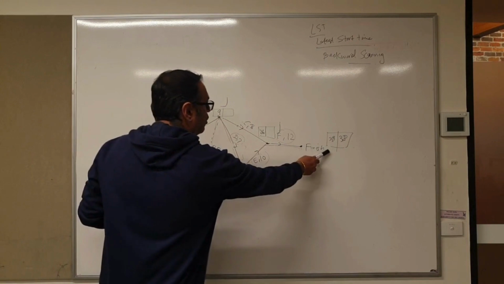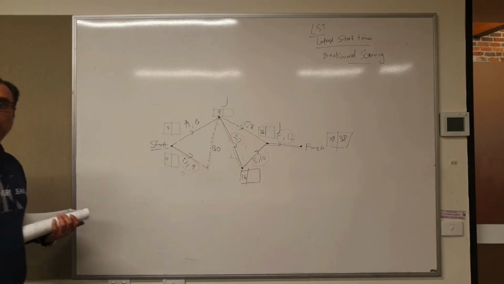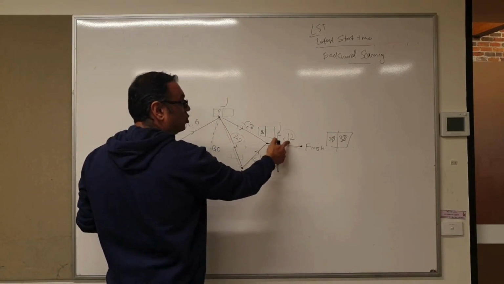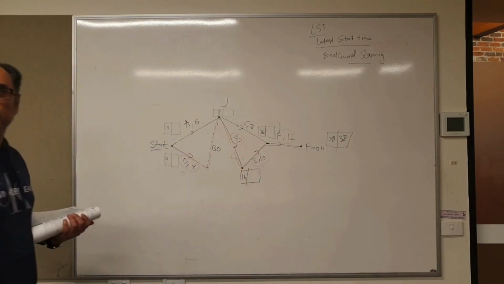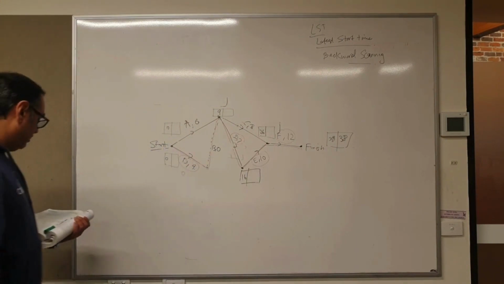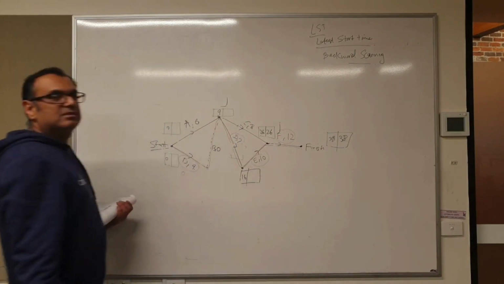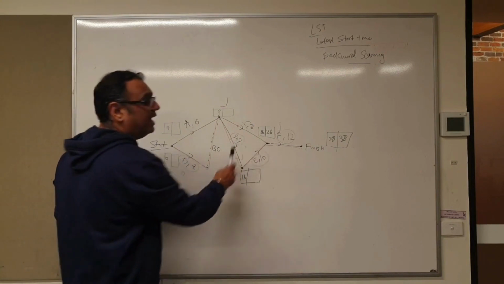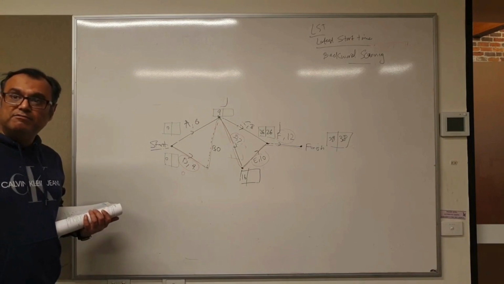Now, when you're moving back, you subtract. From the 38th minute, you took away 12 minutes and you reached activity F. So 38 minus 12 is how much? 26. Now for activity F, you have the EST number as well as the LST number.